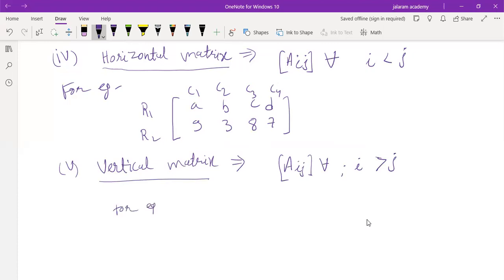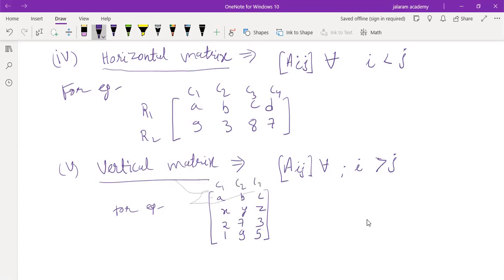For example, a vertical matrix will look like this: A, B, C; X, Y, Z; 2, 7, 3, 1, 9, 5, with column 1, column 2, column 3 and row 1, row 2, row 3, row 4. It means the number of rows is greater than the number of columns, and it is called a vertical matrix. Is that clear to you?